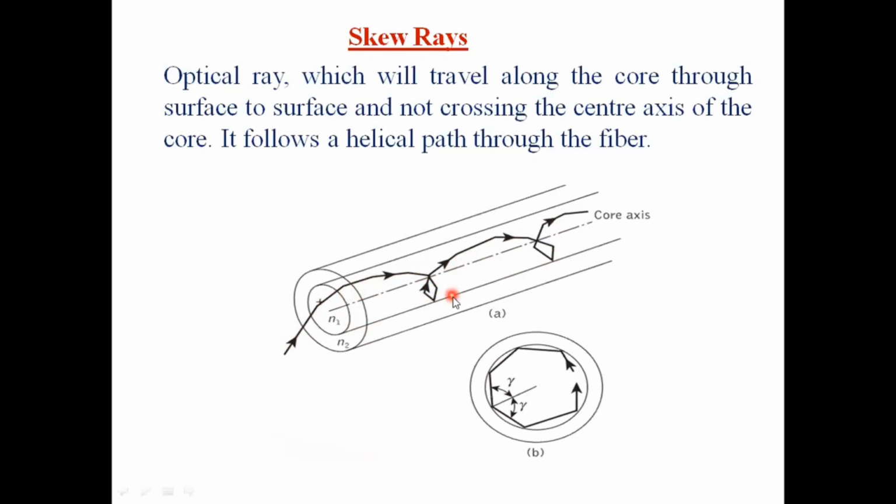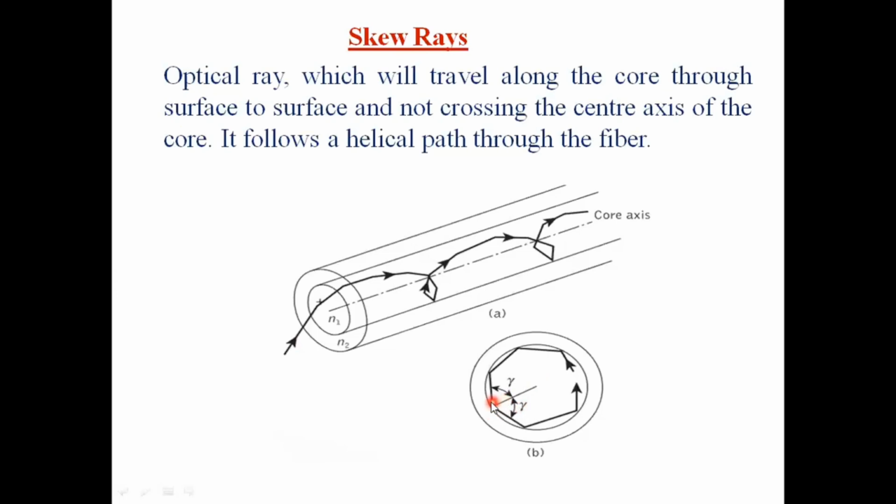The same path is shown in the front cross section area of the fiber. When the light enters the surface of the core medium, it is reflected to another surface, then another, getting multiple reflections from surface to surface while traveling through the fiber, but never crossing the center axis of the core medium.